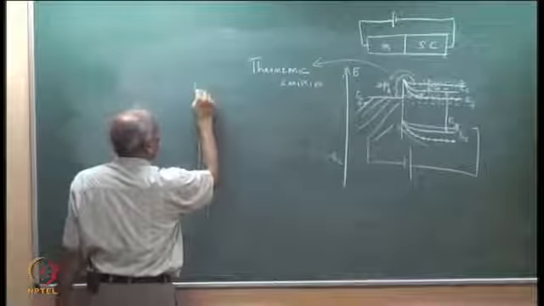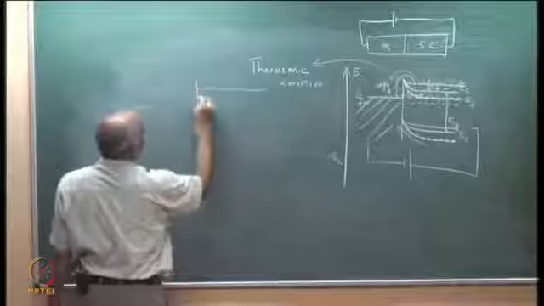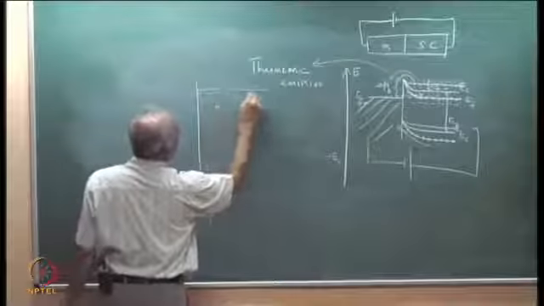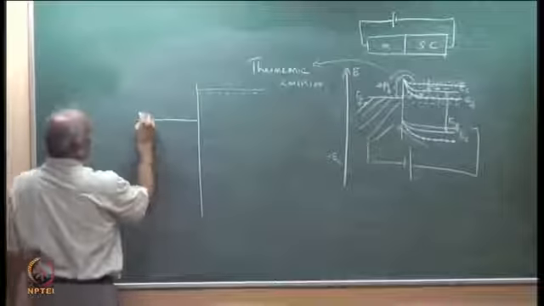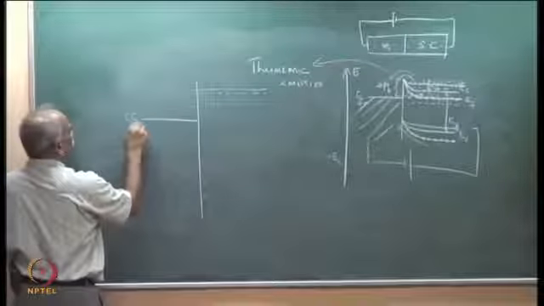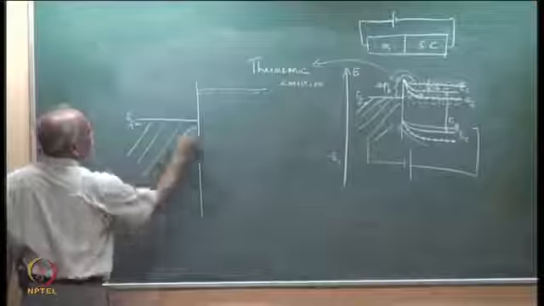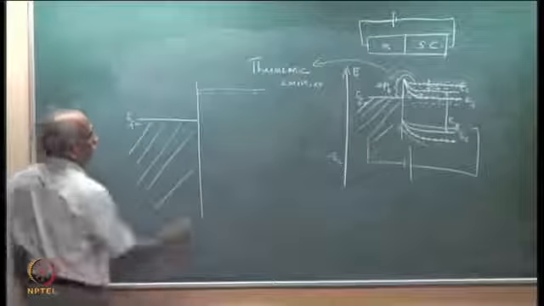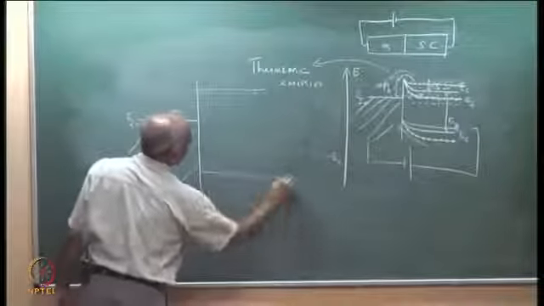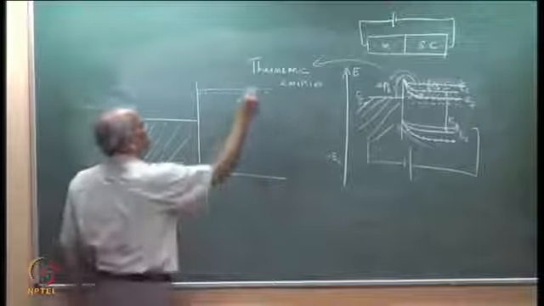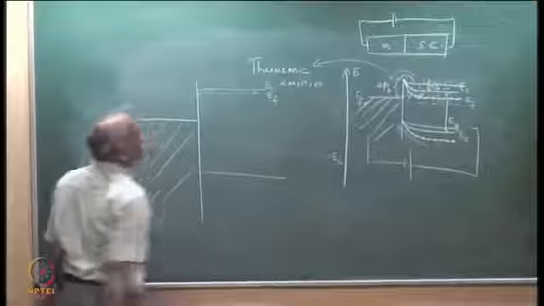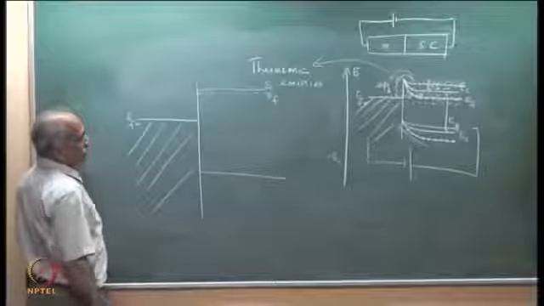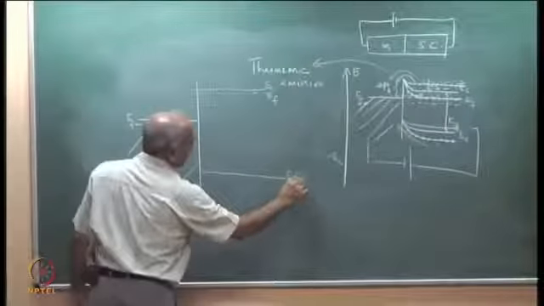So we had the semiconductor highly doped, and here is the EFM of the metal, and EF of the semiconductor. So this is EC, this is EF of the semiconductor, EV of the semiconductor.